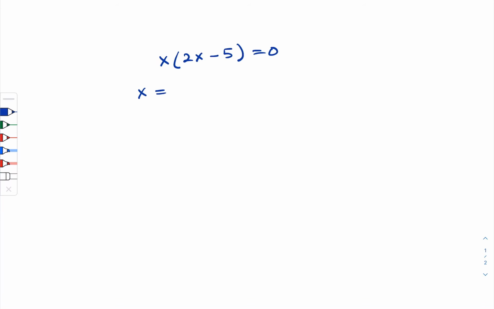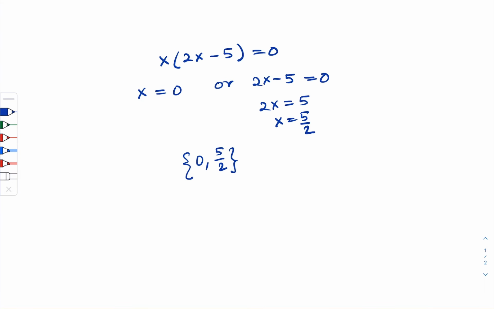So let's write x is equal to 0, or 2x minus 5 is equal to 0. We don't have to do anything to this one because we already have x is equal to 0. For the second option, we just solve for x. So 2x is equal to 5, or x is equal to 5 over 2. Therefore, the solution set is 0, comma 5 over 2, and we're done.